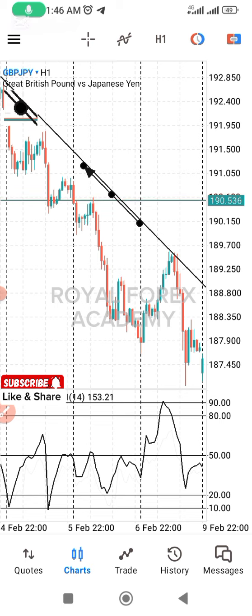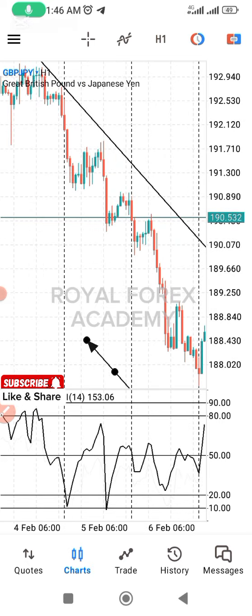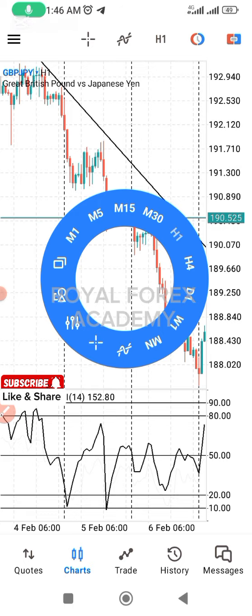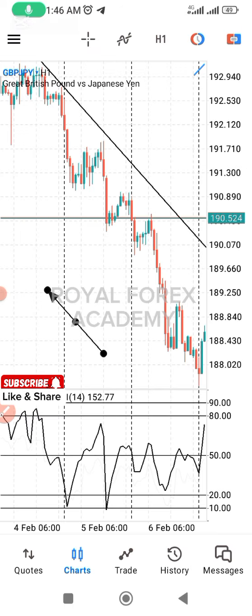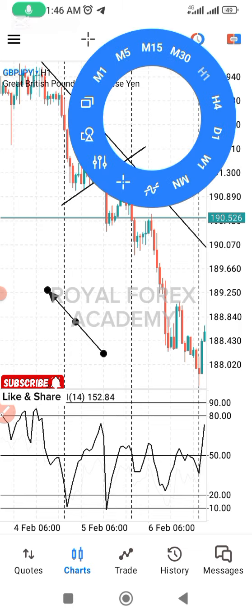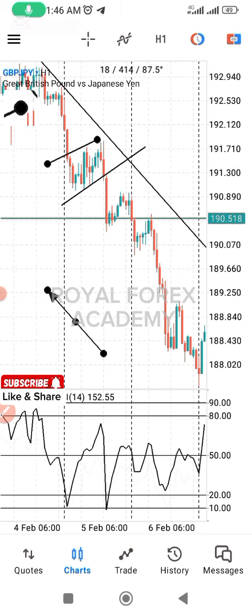So now that we have established the direction of our trend, price is bearish, what do we need to do? Remember, if you are familiar with us here, we talked a lot about the chart pattern. And I'm talking about a continuation pattern, two major patterns, the bearish flag pattern and the bullish flag pattern. So in a downtrend, we have a bearish flag pattern. So this is our bearish flag pattern.